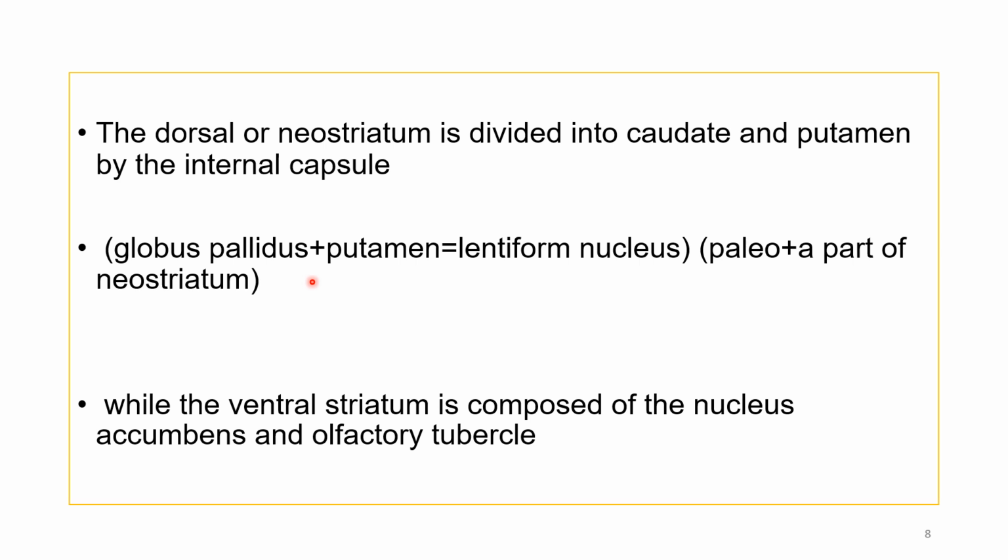So here you should notice that a part of the neostriatum, that is putamen, and a part of the paleostriatum, that is globus pallidus, together constitute the lentiform nucleus. So it is a combination of neostriatum and paleostriatum. The ventral striatum is composed of nucleus accumbens and olfactory tubercle, as we have discussed.